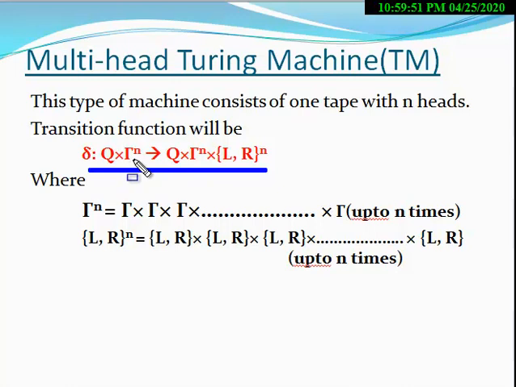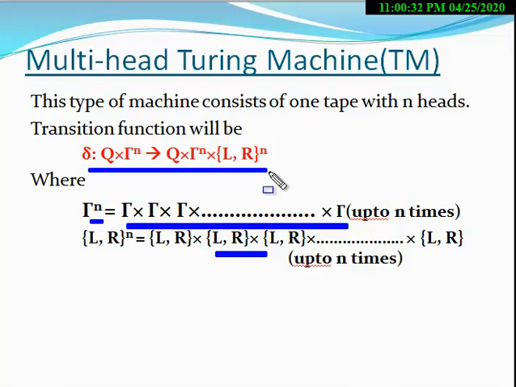Q cross tau power n tends to Q cross tau power n cross L, R power n. So here tau cross n will be equal to this, and L, R power n is equal to L, R cross L, R dash, right? So this is like the previous one. Clearly, the transition function defined here is the same as the transition function defined in the multi-tape Turing machine.